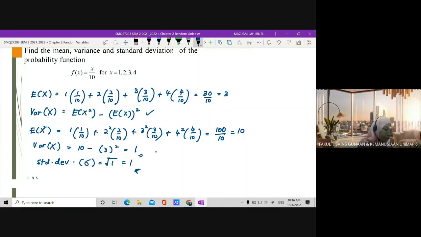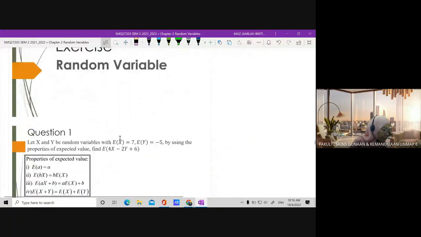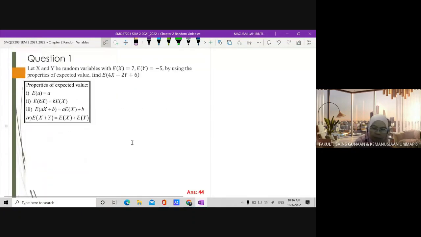So that's how we calculate the mean, the variance and the standard deviation of this particular example. Now, let us look at this particular question in your exercise before we finish our class.